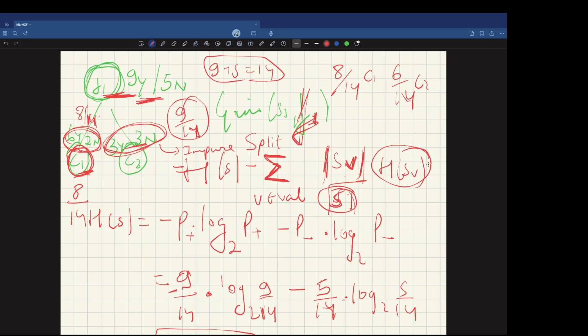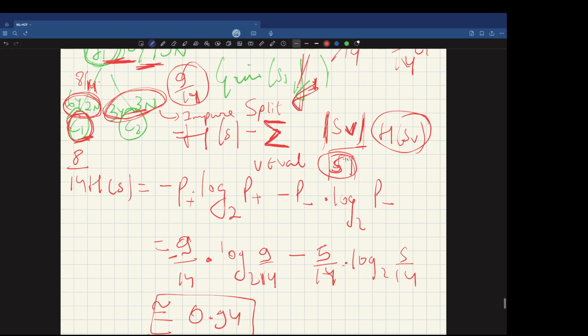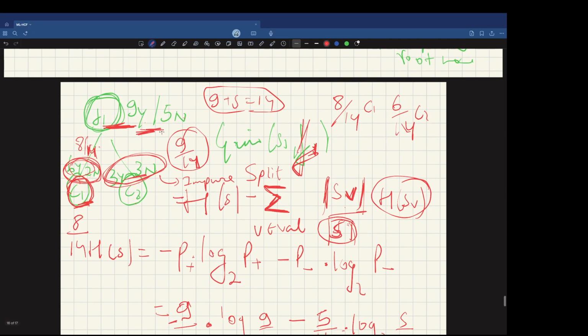Are you guys getting how to calculate the sample value of that particular node upon the root node? The total number of values present in that node, 8. On the C2 node, how many values are present? 6. How many total values are present at the root node? 9 plus 5, 14.